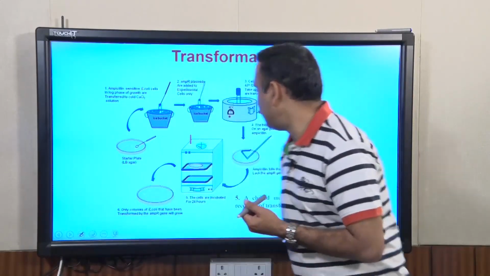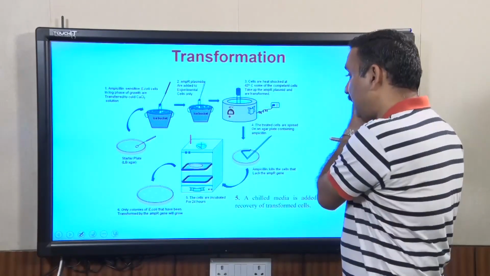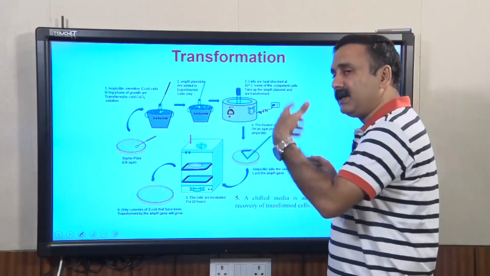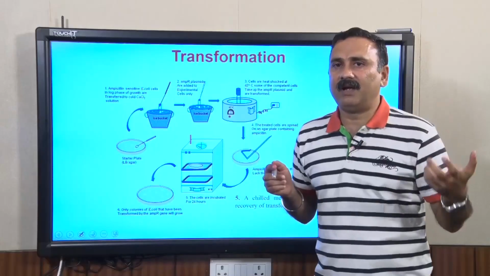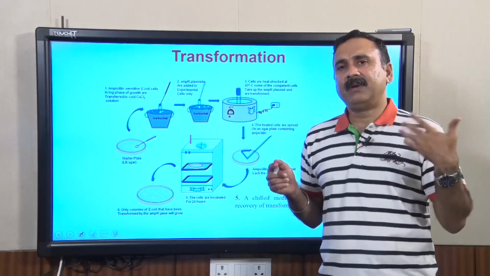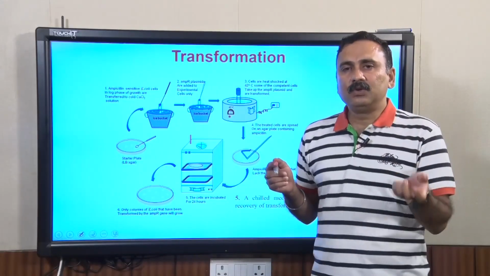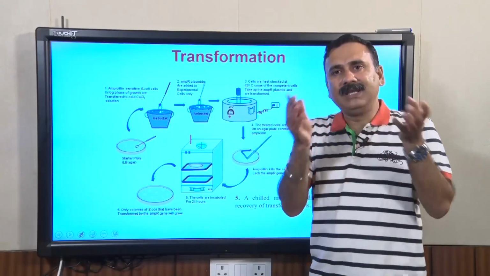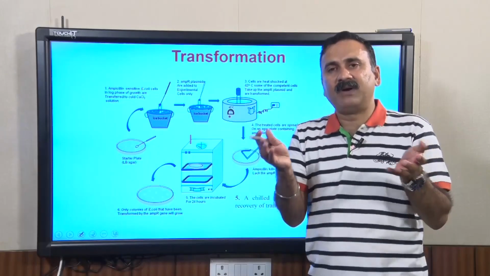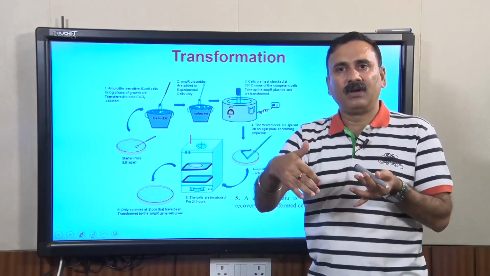Now, after the heat shock, if you keep the heat shock very long, this stressed bacteria cannot sustain and is going to die. So, you have to reverse the things. You have made the cell wall leaky, you have made the plasma membrane compromised, and the plasmid has gone inside.